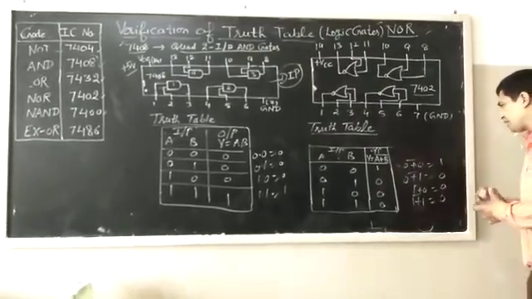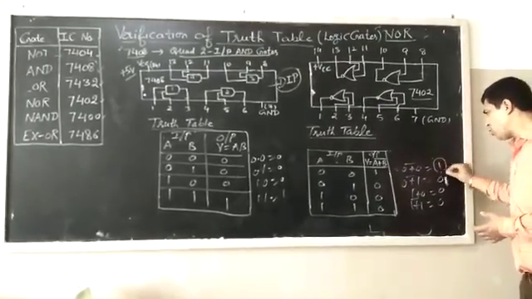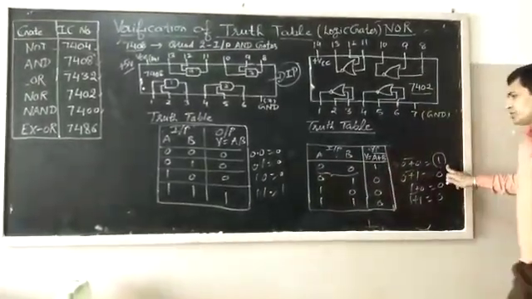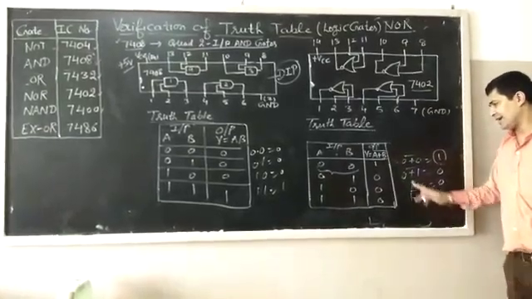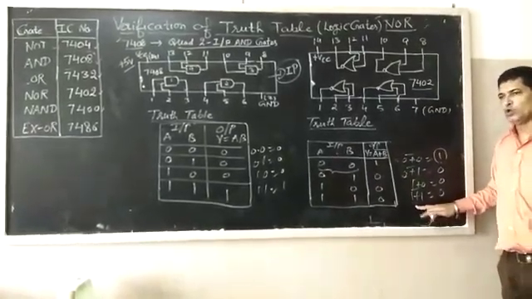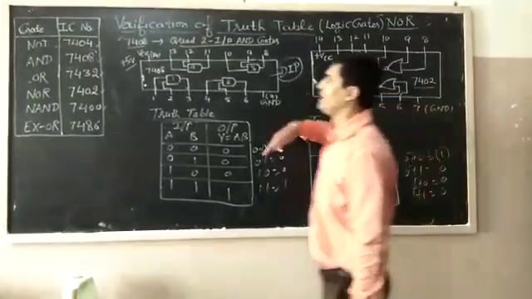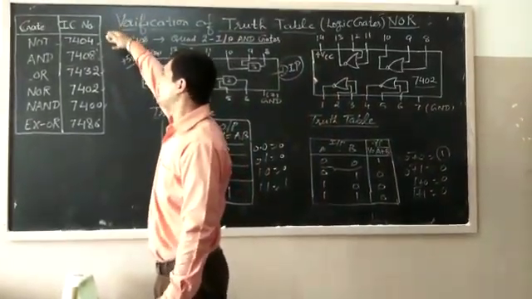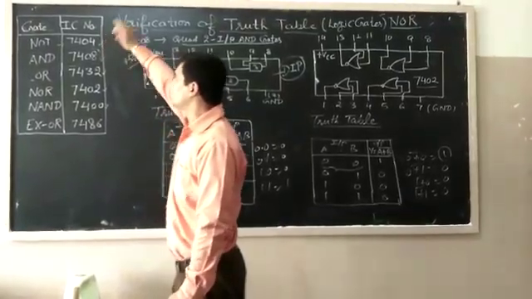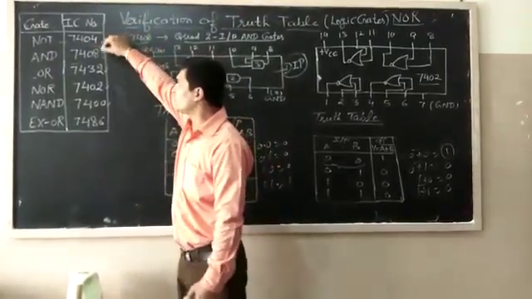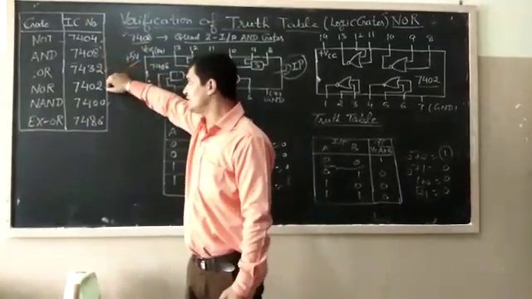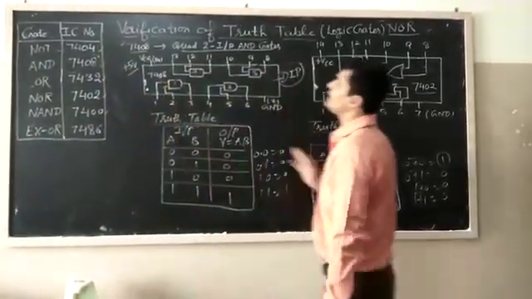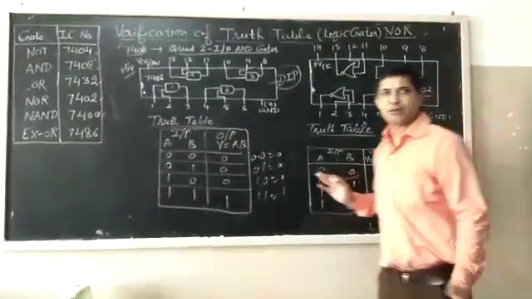Here we can conclude that the output is high if both the inputs are low. Otherwise it is low. Similarly, we can verify the truth table of any IC: 7404, 7408, 7432, 7402, 7400, 7486. Its pattern will be the same as displayed on the board.